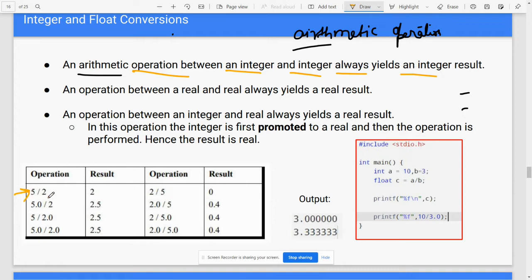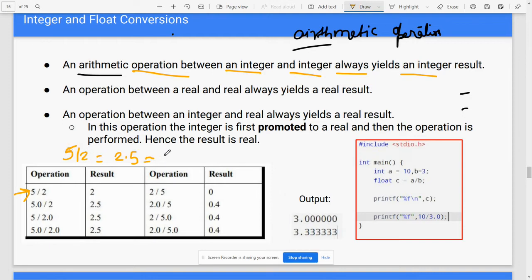5 divided by 2. I know 5 divided by 2 is actually 2.5, we know all these things. But the computer understands that any operation conducted between two integers results in an integer. So it does the operation, and the result is 2.5, but since that is not an integer, it gives you just the quotient, what you get when you divide 5 by 2.